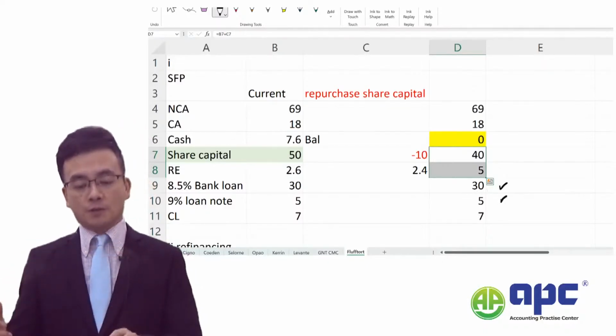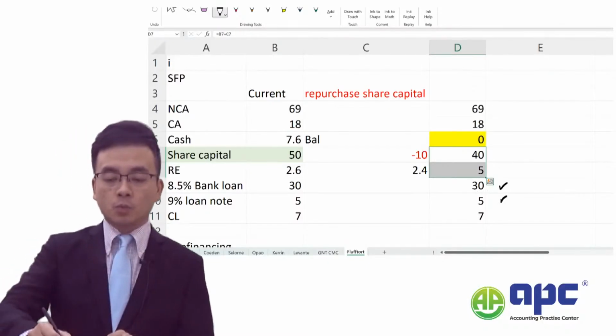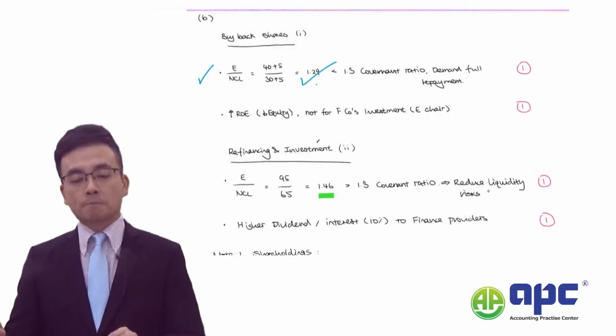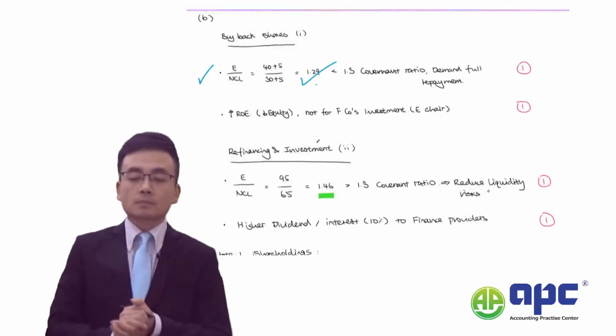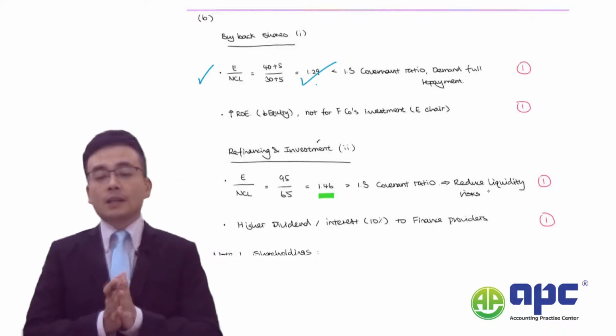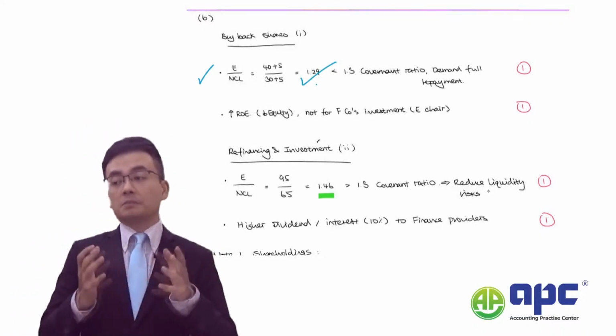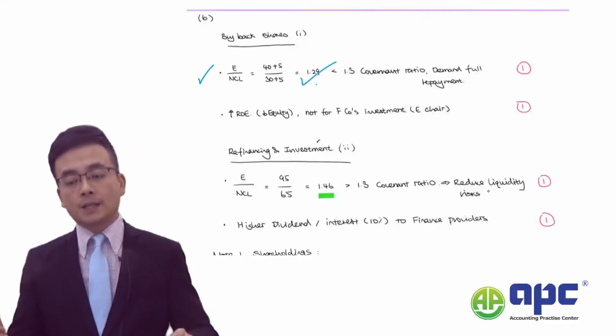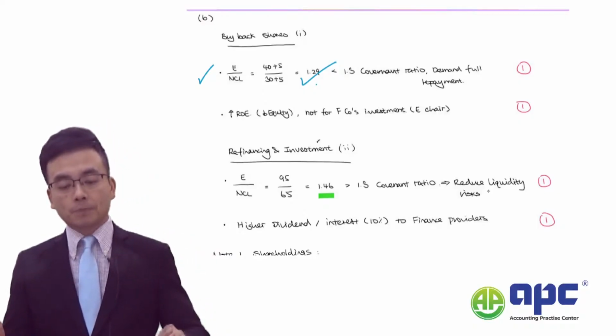So 45 over 35, that would be 1.29. All right. So in essence, with the first scheme, you will be required to pay the money back to the bank.